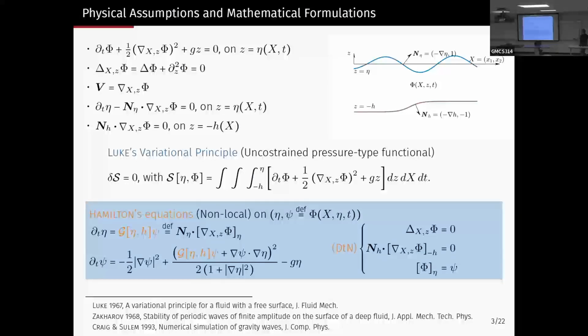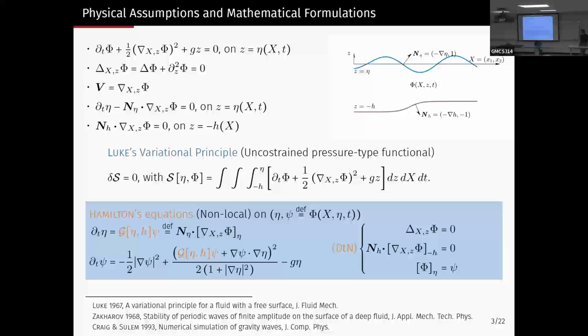The main idea here is that we can introduce psi, which is the trace of the velocity potential evaluated on the free surface. And then Zakharov remarked that if we have eta and psi, then we can write down this boundary value problem for the Laplace equation, which is solvable.